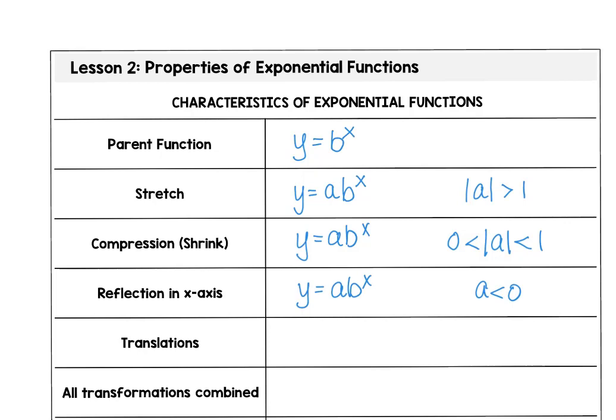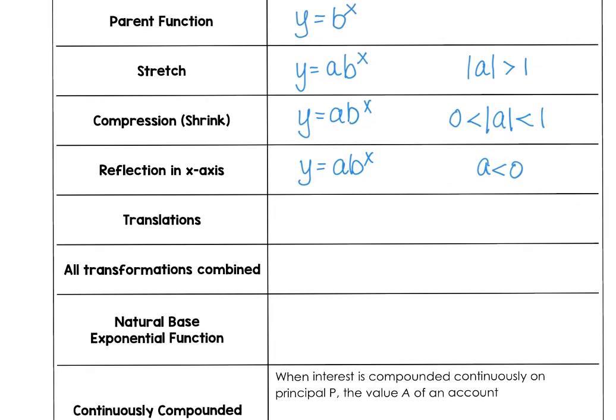And then if we want to translate by moving the graph to the left or right, up or down, that's going to occur when you have some h and k value on the parent graph. When we have x minus h, that's a movement left or right, depending on the sign of the h value. And when you have a k value, positive or negative, that's a translation up and down.